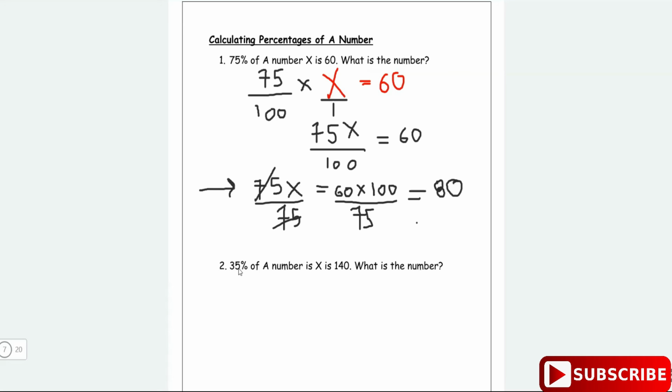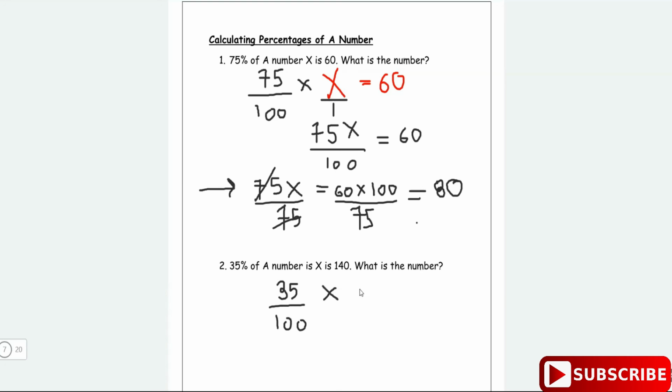Next one. 35% of a number X is 140. What is the number? If 35% of the number X is 140, what is the number? 35% means 35 over 100 of the number. Of means multiply.